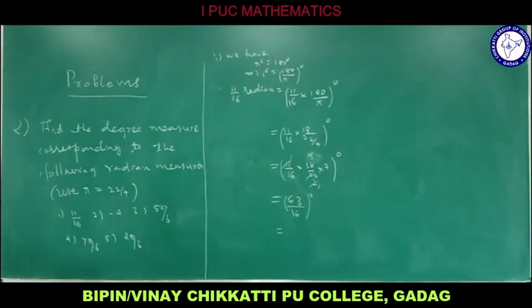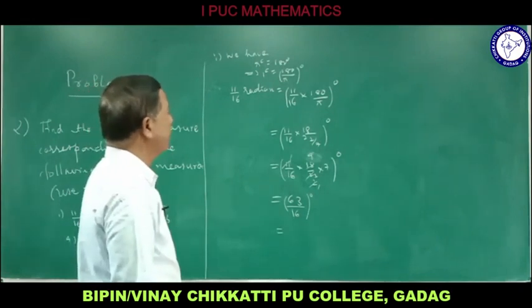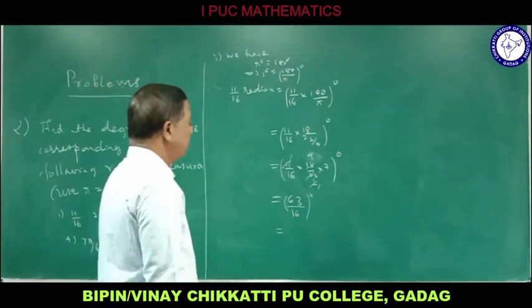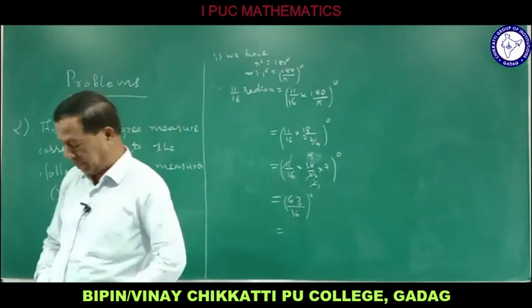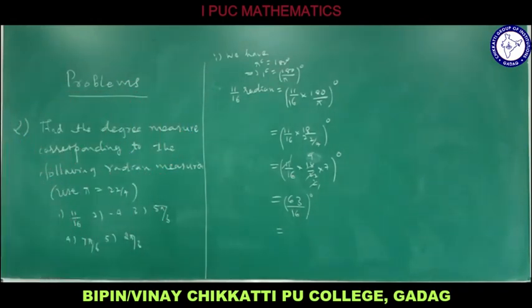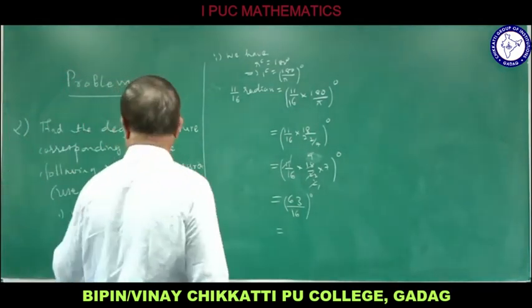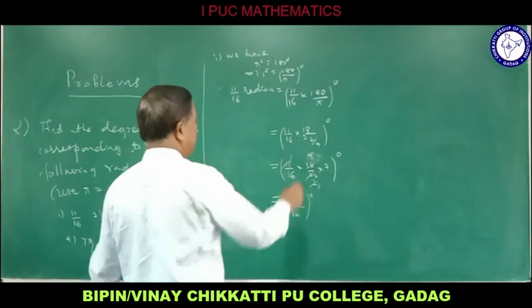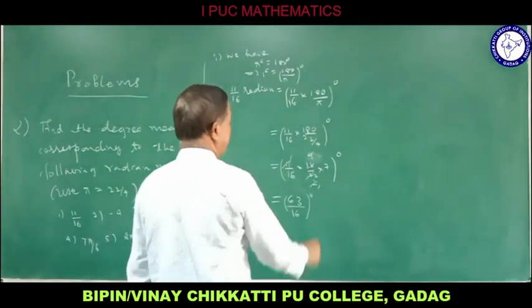Now you have to understand how to simplify this, and whether the simplification is the right way or not. Look, this problem is 11 by 16, and you have to write this 180.